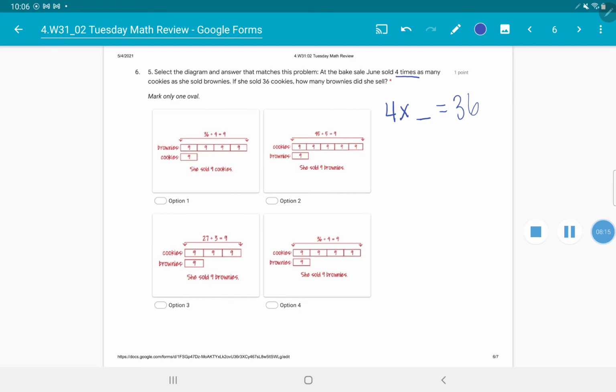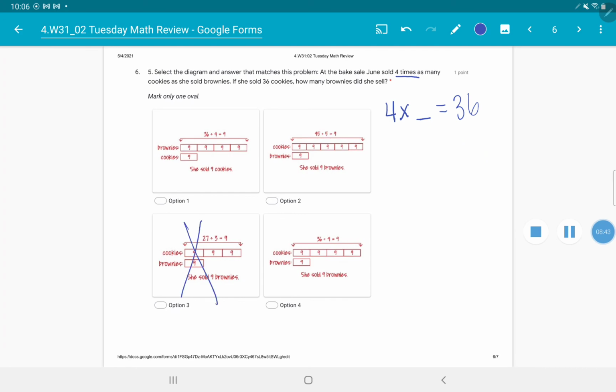Amy? The last one. Okay. So how did you know that it was the last one? Because I checked the other ones, and option 3 and 2 didn't have 36 in them. So I knew it wasn't that.